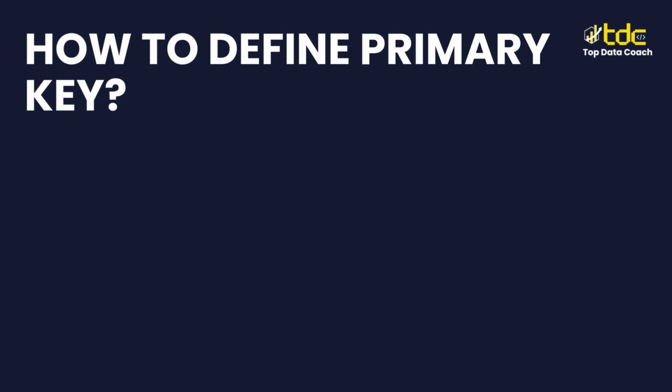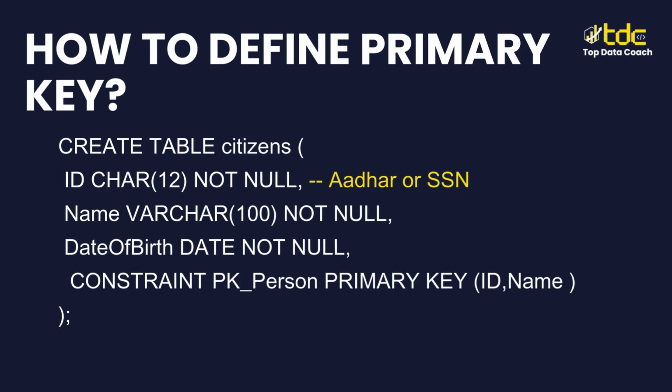A primary key can be made up of two or more columns as well. Let's see an example. Now here we have named the primary key constraint as pk. Also, you can see that the primary key is made up of two columns, ID and name.